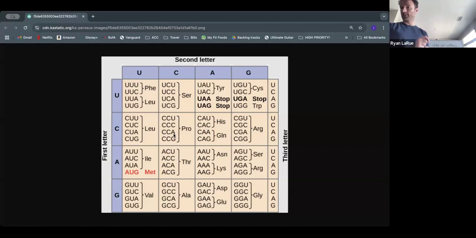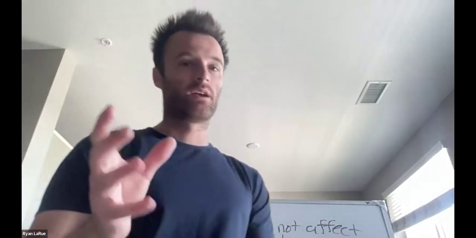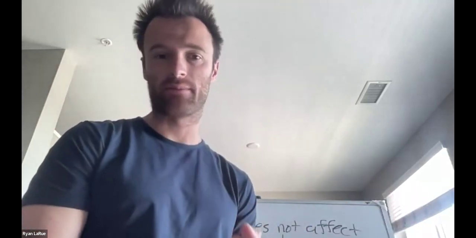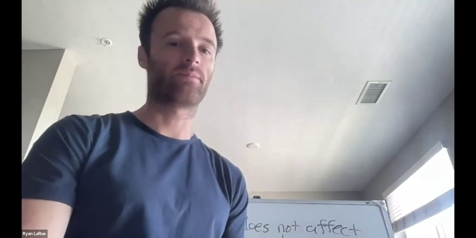We would consider that a silent mutation because both of these codons still code for proline. So when translation is occurring at the ribosome, it goes undetected. It's silent because the same amino acid is transferred in, and you get the same protein at the end of the day. So that's what we call a silent mutation.